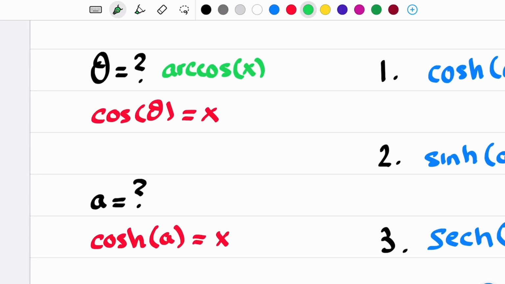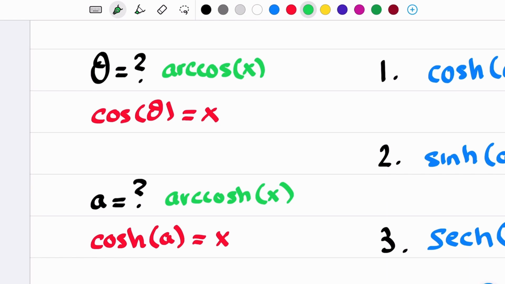Well, if we apply the inverse hyperbolic cosine to both sides of this, we'll get that the area is equal to the inverse hyperbolic cosine of x, of the x value of our point. And so that's sort of how we go ahead and define inverse trig functions and inverse hyperbolic trig functions.